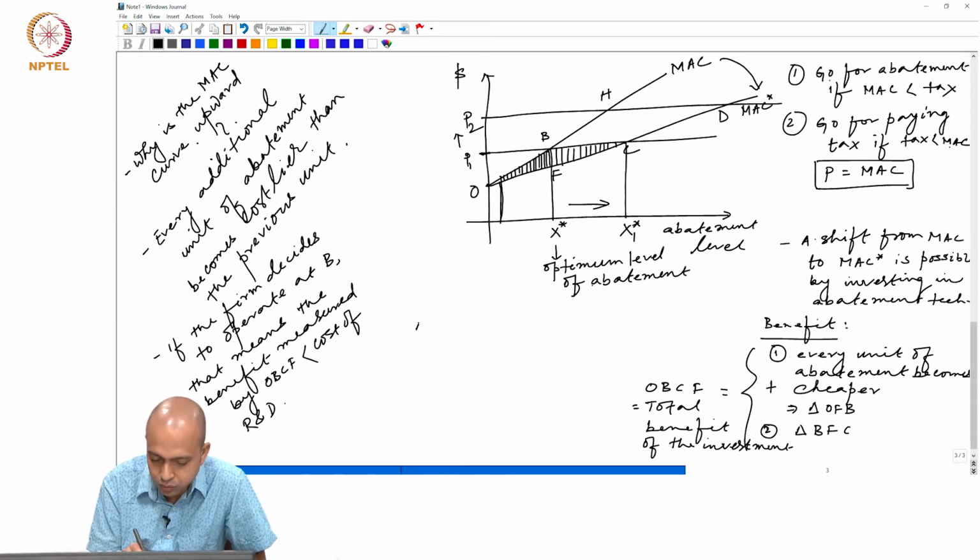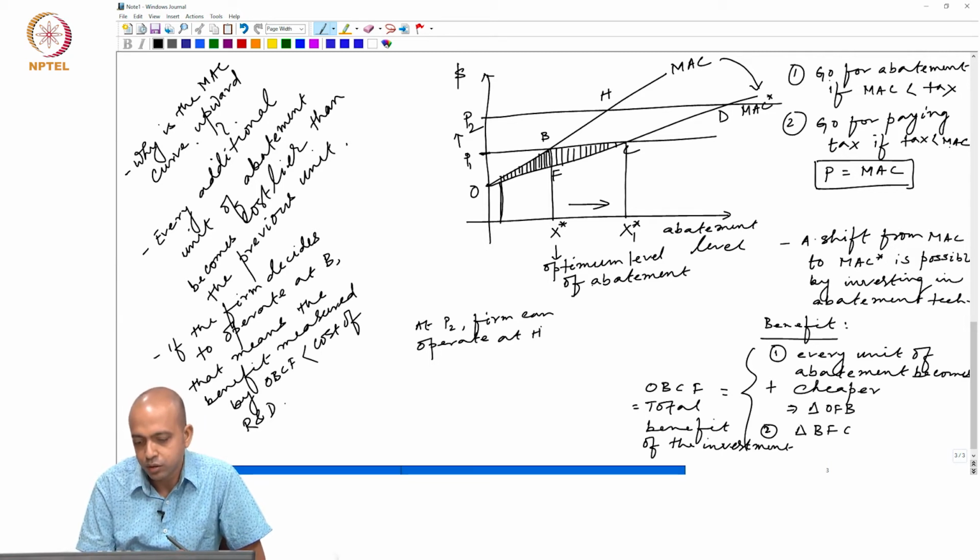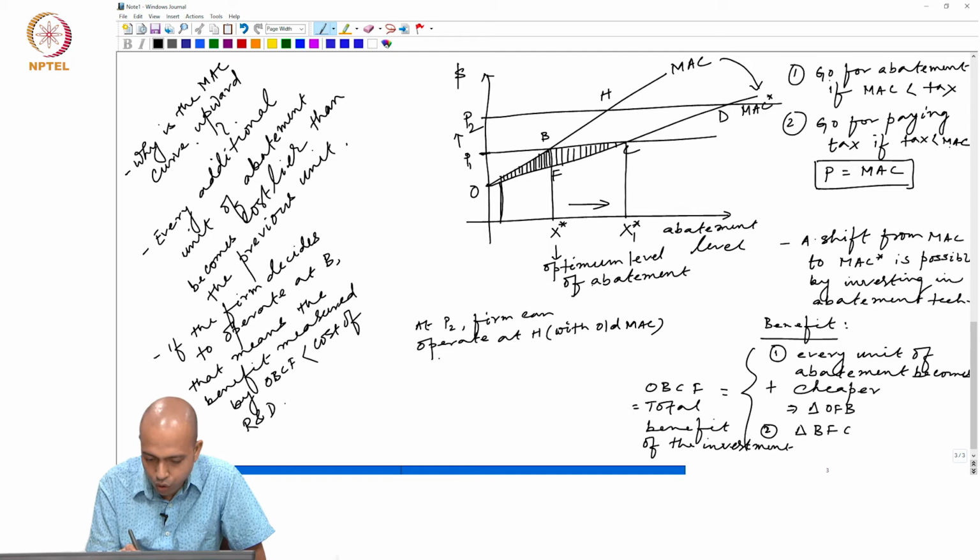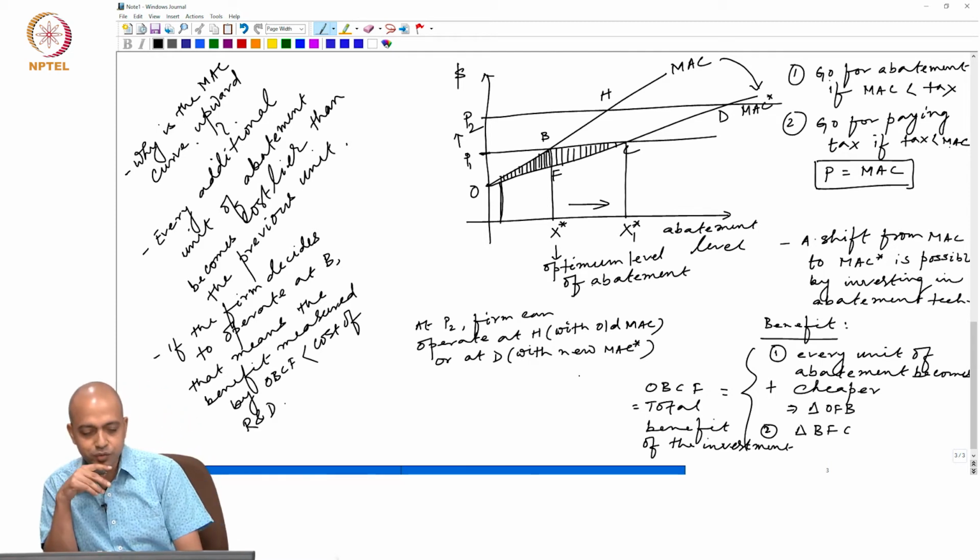At P2, the firm can actually operate at H with the old MAC, or at D with the new MAC, which is MAC star, by technological innovation.